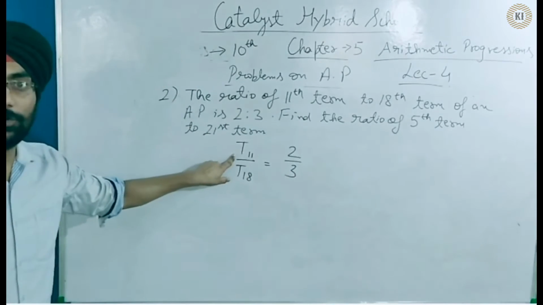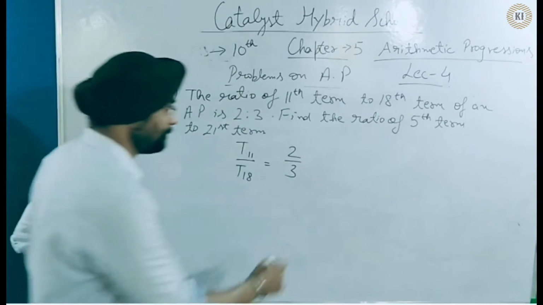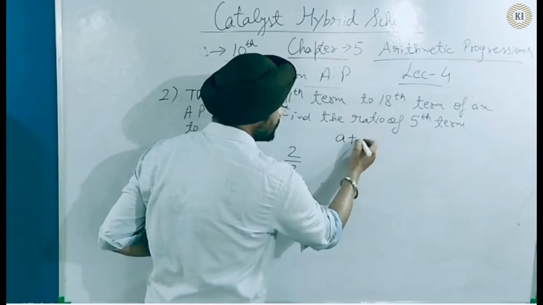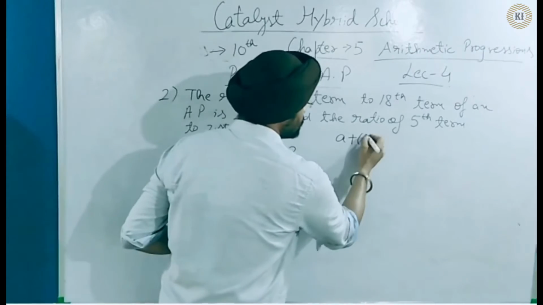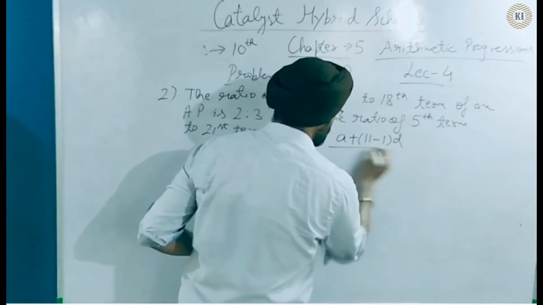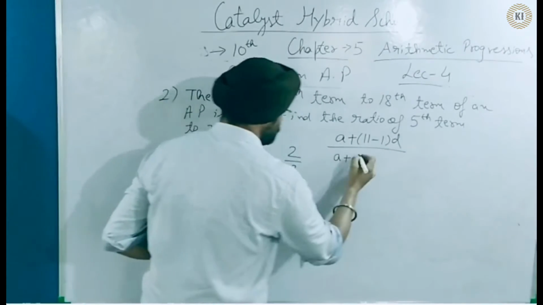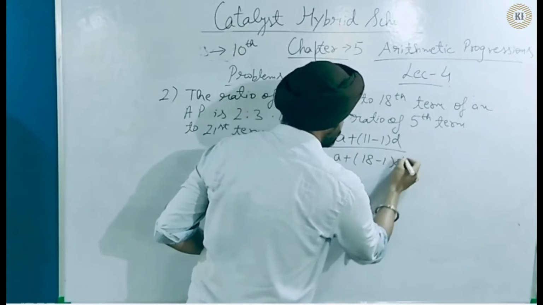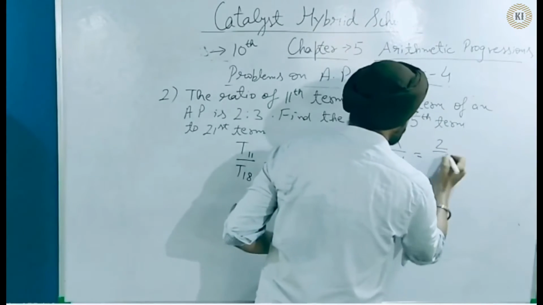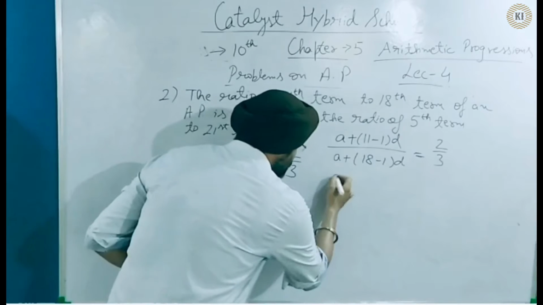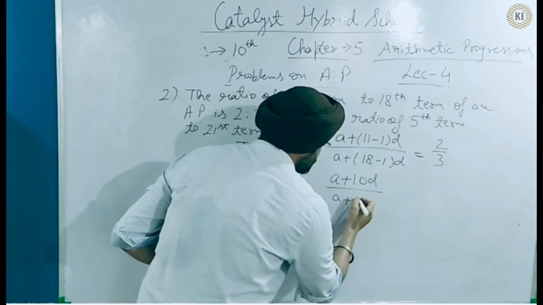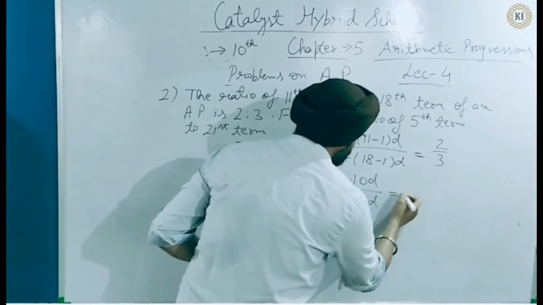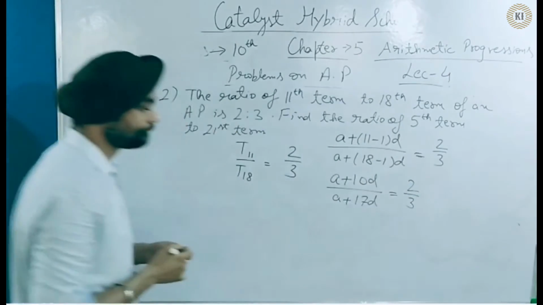Apply the formula a plus (n minus 1) into d, where the value of n is 11. So (a plus 11 minus 1 into d) upon (a plus 18 minus 1 into d) will be equal to 2/3. So it will come a plus 10d upon a plus 17d equal to 2/3.